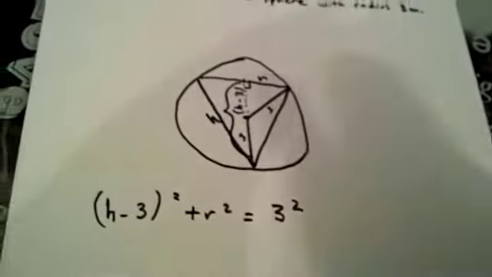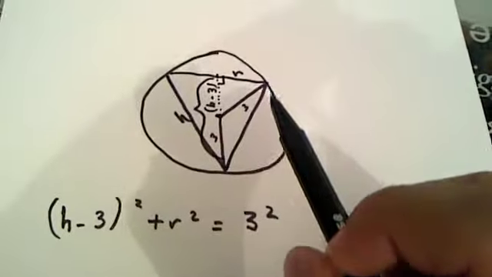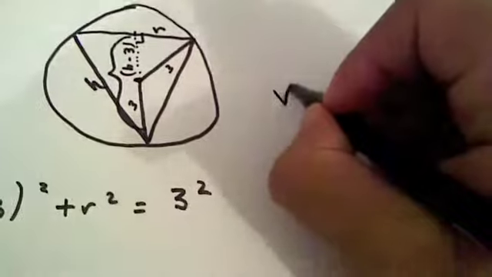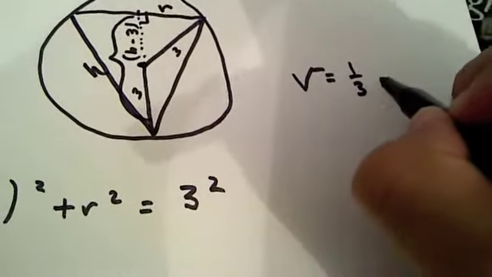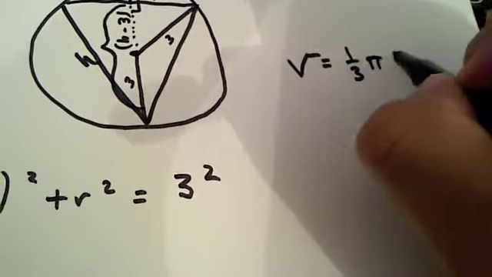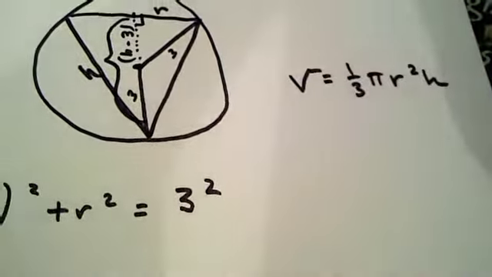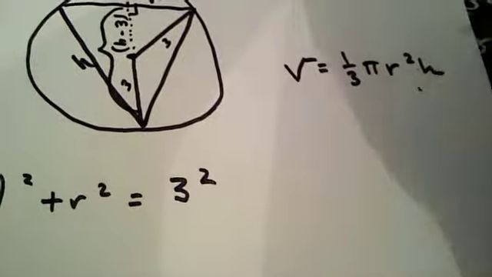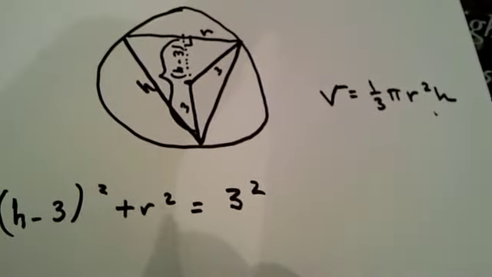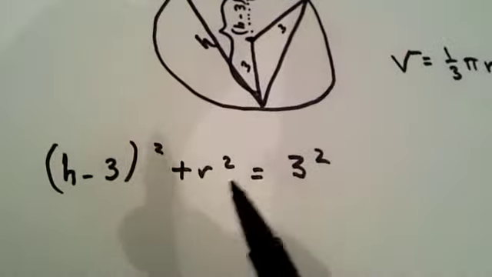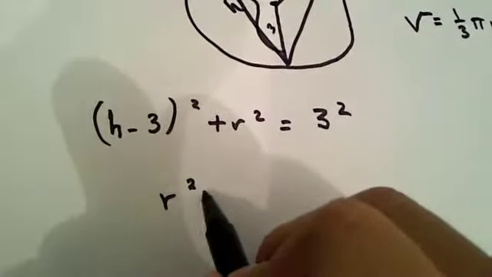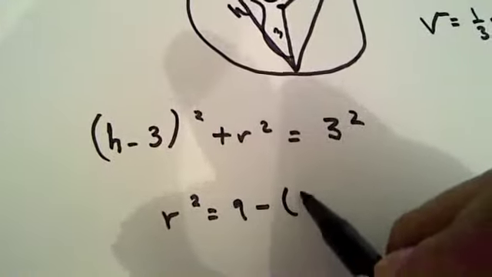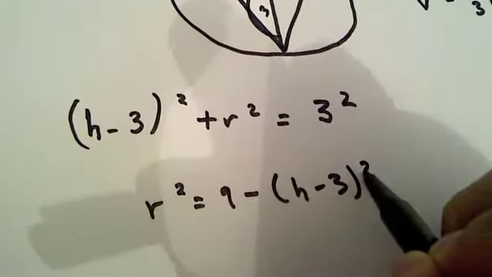Now the best thing to do here, since we know that the volume of a cone is V equals 1/3 pi r squared times h, and we have an r squared here, is to isolate the r squared in order to have r in terms of h. So r squared equals 9 minus (h minus 3) squared.